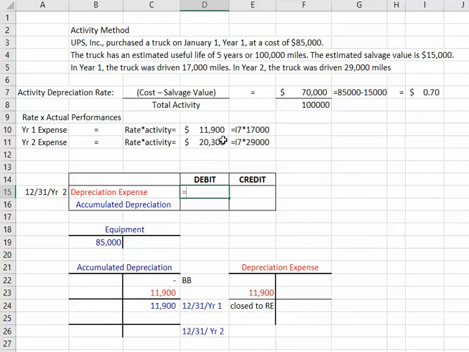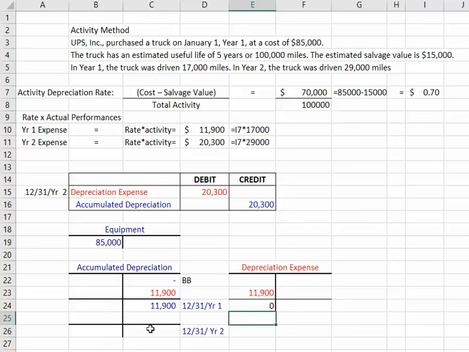So I'm going to record that. Now, the beginning balance for accumulated depreciation is 11,900, as is the equipment. The depreciation expense got closed last accounting period, so its beginning balance is 0.